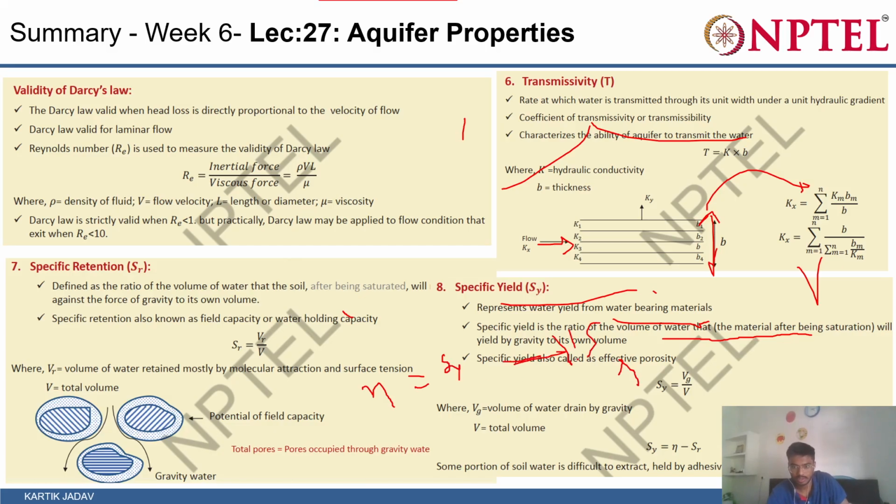Specific yield is the water gained by gravity, the pores that contribute to downward movement, and specific retention is the water that stays against gravity.